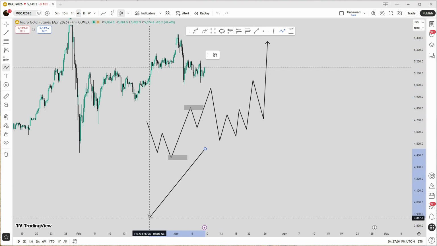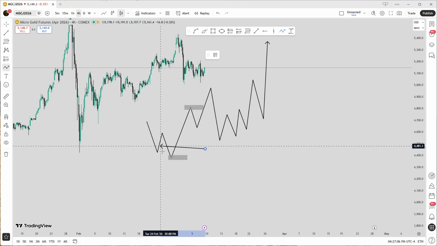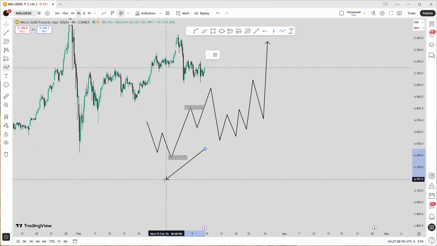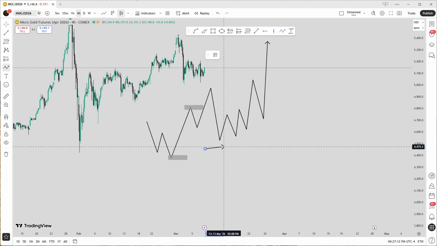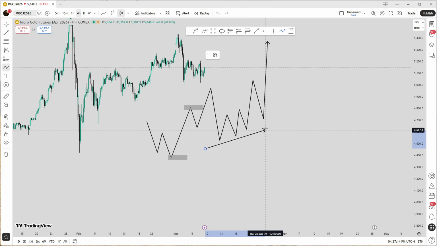So that's how the market moves. It will go down for a couple of days or hours, then trend back up, trend down, range a bit, trend again.